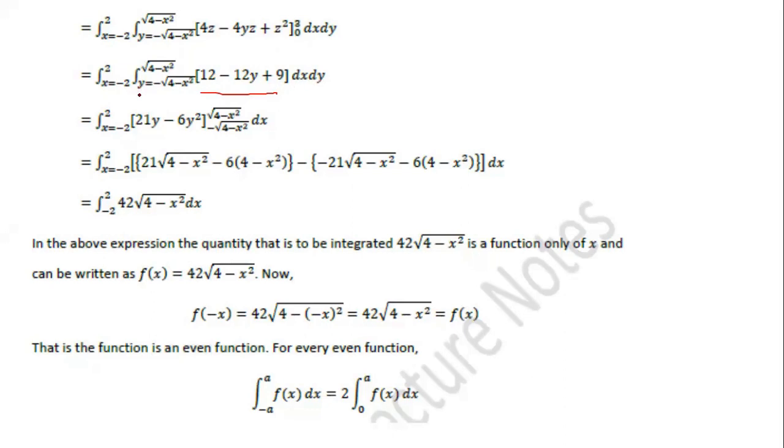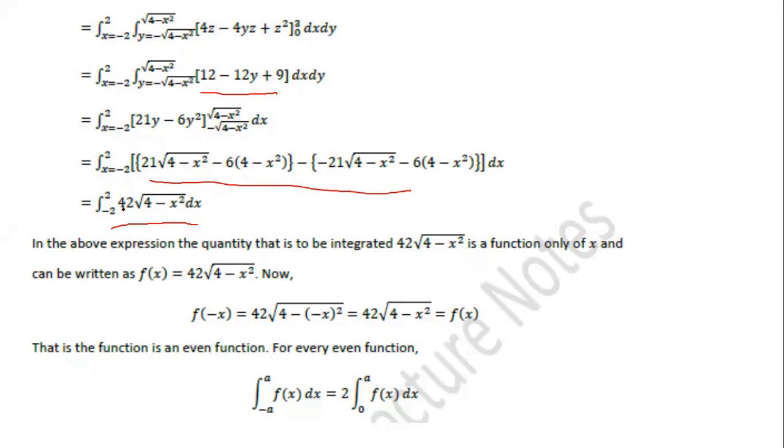The second integration is with respect to y; integrate and then put the limits, and you will arrive at this. And then after that you integrate with respect to x from minus 2 to plus 2.